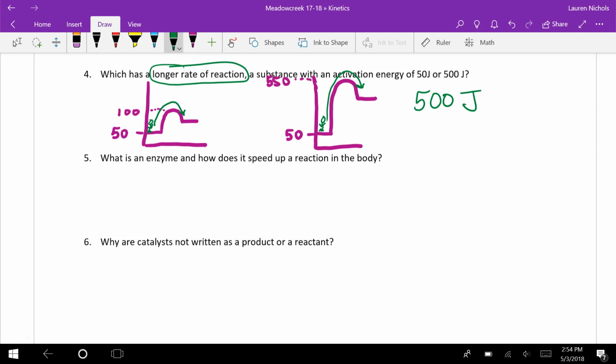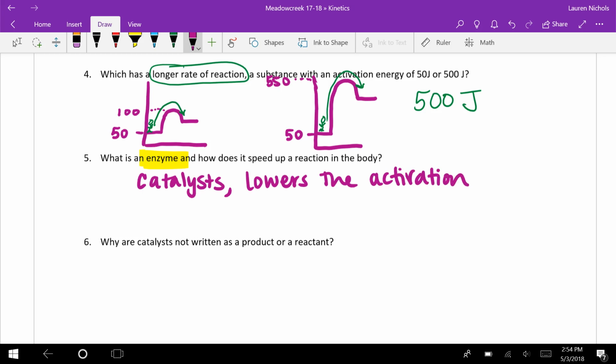Okay. So an enzyme, remember we talked about enzymes in your body or in your notes, but they are in the body, right? And they are the catalyst that are in your body. And it is a catalyst because it lowers the activation energy. Okay, so if we give that same scenario that we had just a second ago with me running up the hill, let's say we have that 500 joule hill, right?